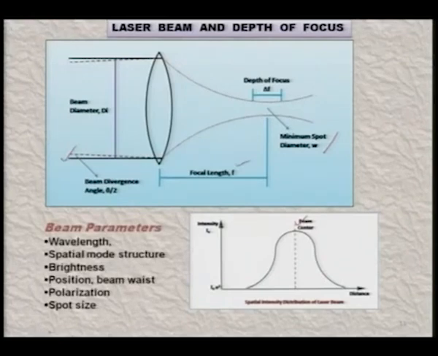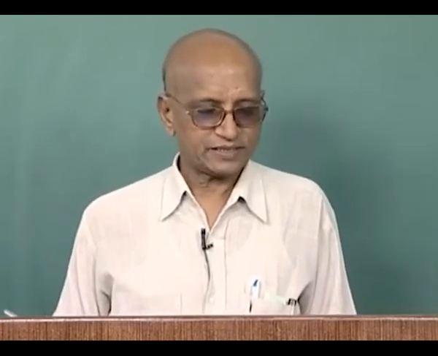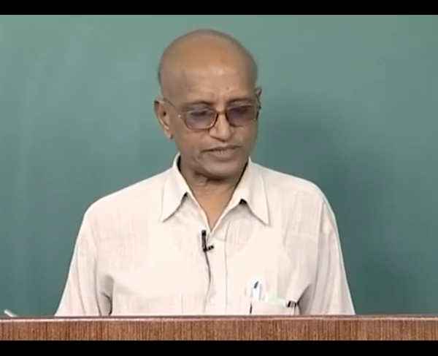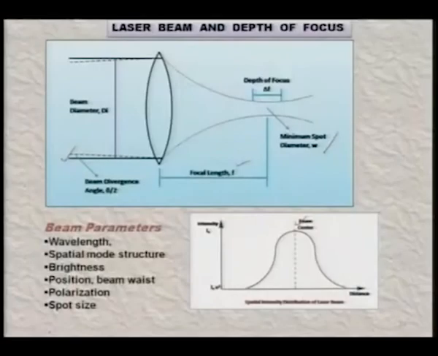Now, there are various parameters with the help of which you can specify the laser beam. First is the wavelength of the laser beam, then spatial mode structure, brightness, position, beam waist, polarization and spot size.